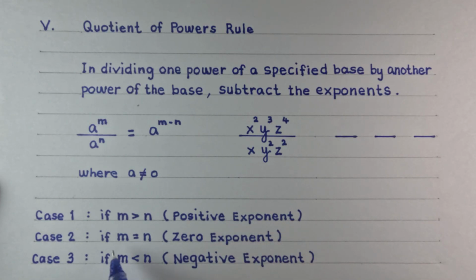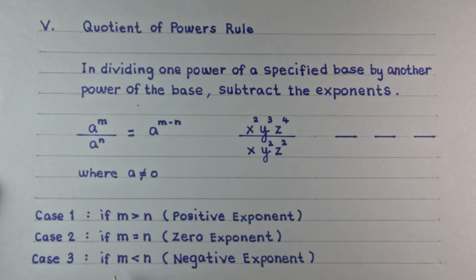The second case is if m is equal to n, it yields a zero exponent. Now, this is a special case. That's why it is regarded as the sixth law of exponents, or also called the zero exponent rule.